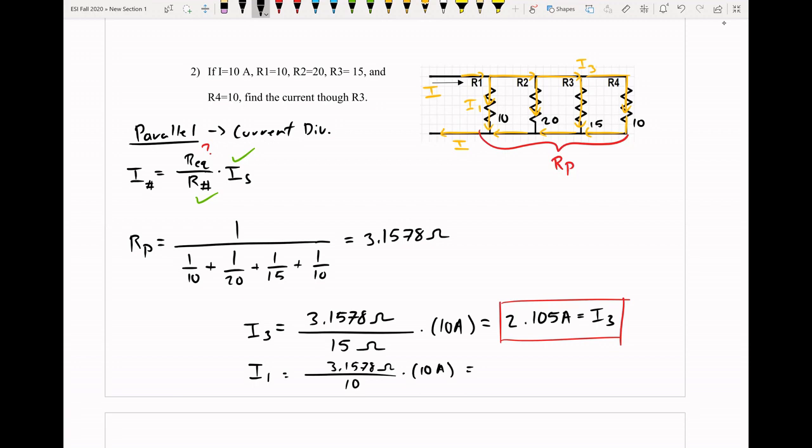And that would just be 3.1578 amps for I1. And then so on and so forth. You just replace whatever is in the denominator with whatever resistor number that is.